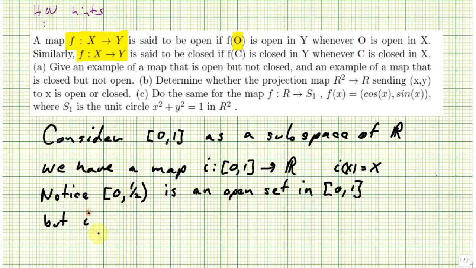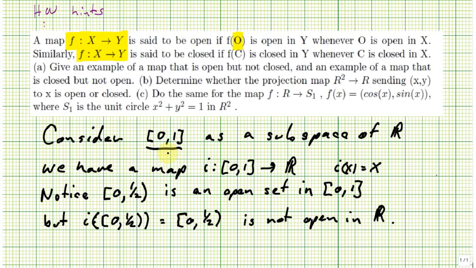But I applied to this set, I of 0, 1 half, is still just 0, 1 half, but now as a subset of the superspace R, it is not open in R. So at least for this particular subspace of R, the injection map is not an open map, because the image of this open set is not open in R.